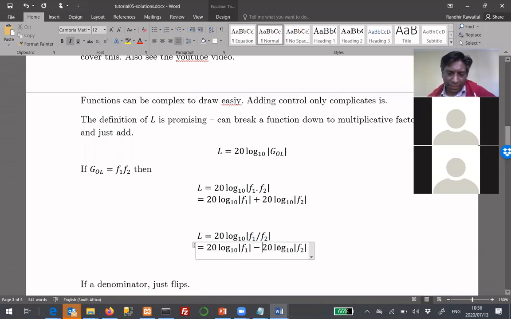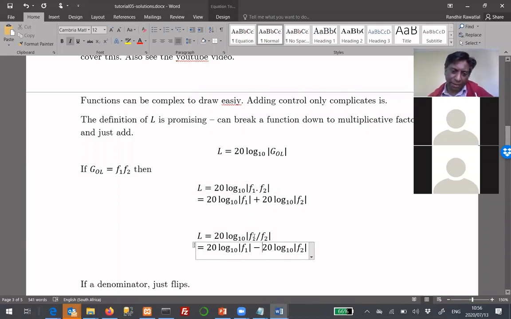So we can see that if we have some complicated ratio of polynomials, then number one, we could separate those two sets of polynomials as a numerator and denominator and just look at the difference between those two. And number two, we can always take a polynomial and factorize it into a set of terms. And so we can break down a polynomial like that.